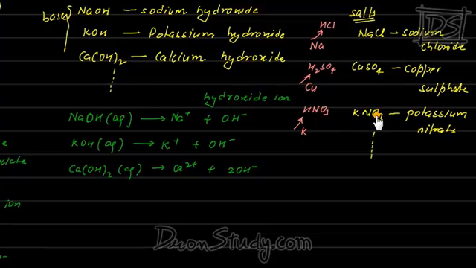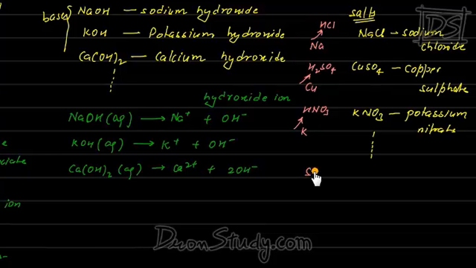So students, salts are such compounds which can be produced by replacing hydrogen in an acid. Suppose there is an acid. If we replace the hydrogen with a metal, the compound formed in this way is called salt.